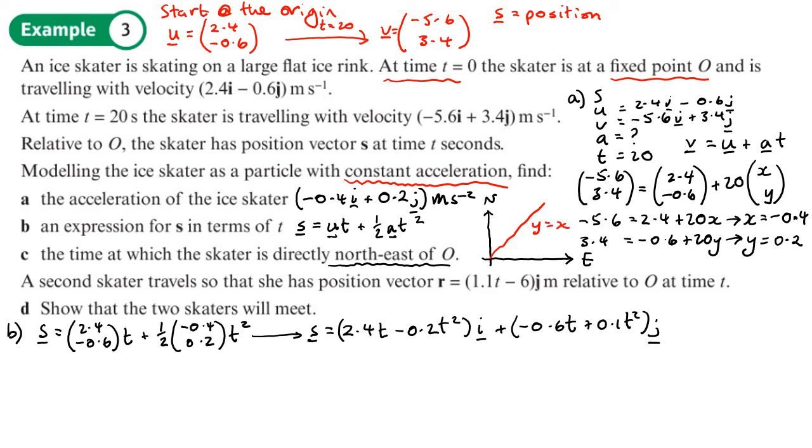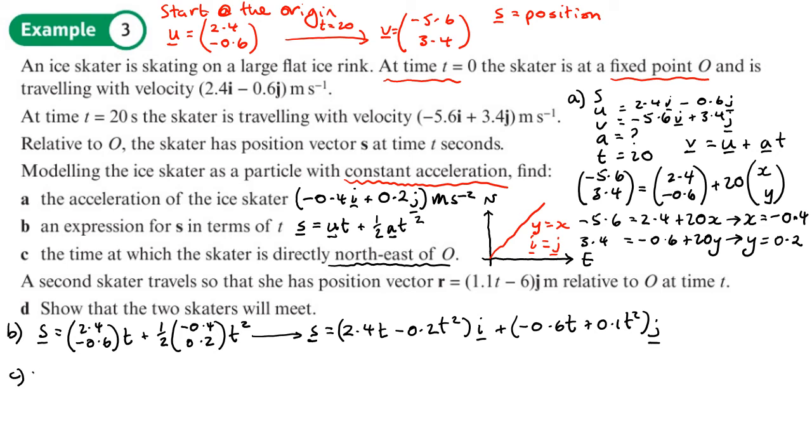It's the part where the I part of my position equals the j part of the position. In other words, you are northeast when this bit in this bracket equals this bit in this bracket. So northeast means make this bit here equal to this. So that's what we're going to start doing in part C.